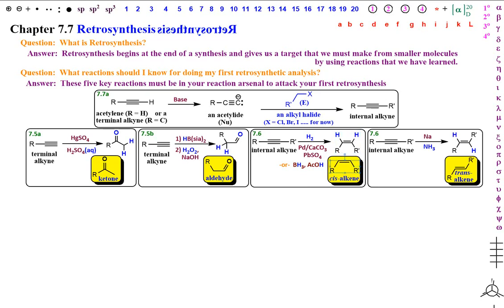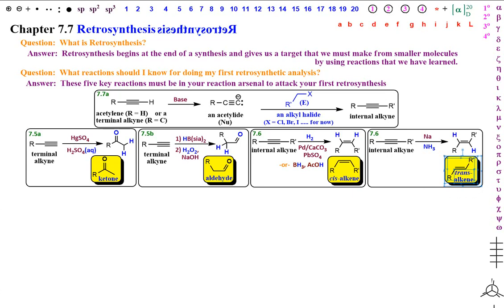We don't need to show the H's. There's a cis-alkene. And equally valuable was to make a trans-alkene, and to do so we needed an internal alkyne with sodium metal and ammonia solvent as the proton source, and the blue H's come from the ammonia to make a trans-alkene. So let's do our first retrosynthetic analyses.